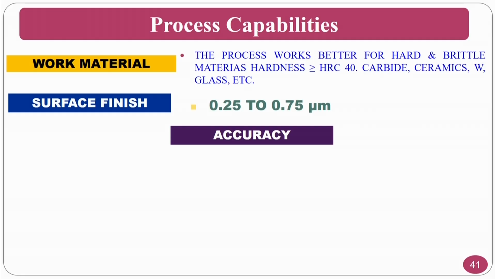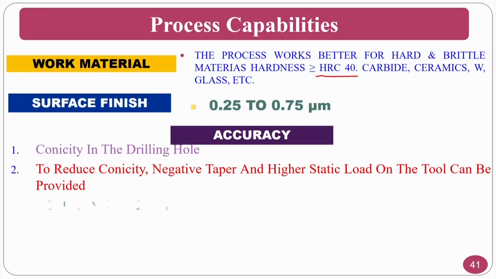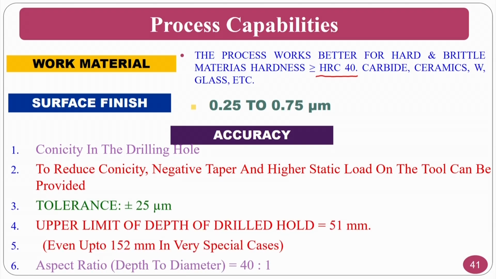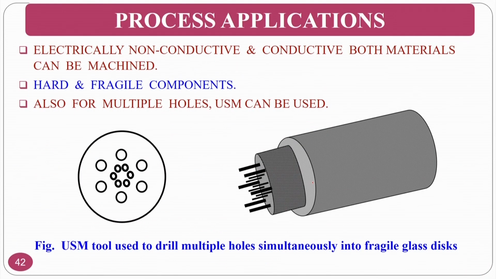The process capabilities: normally the workpiece material can go up to 40 HRC, carbide, ceramic, and surface finish can also be achieved. Conicity and tolerances we have seen in the upcoming slide, with an aspect ratio of approximately 40:1. And this is what I was saying, that you can make multiple holes by using multiple features of the tool.